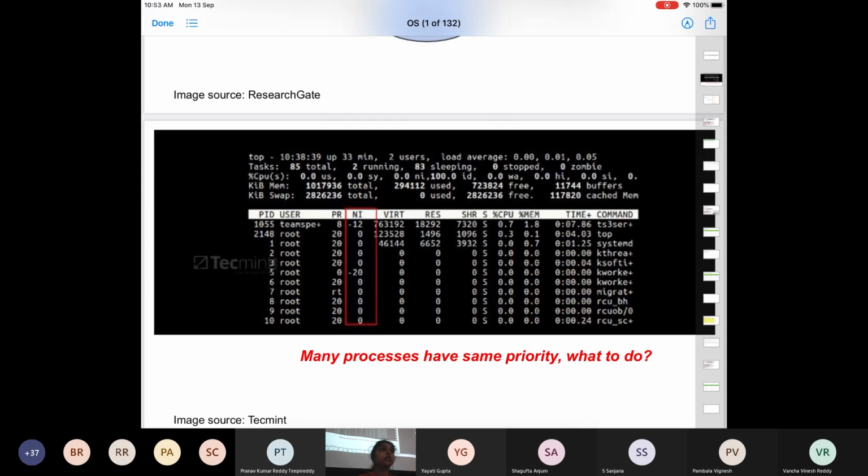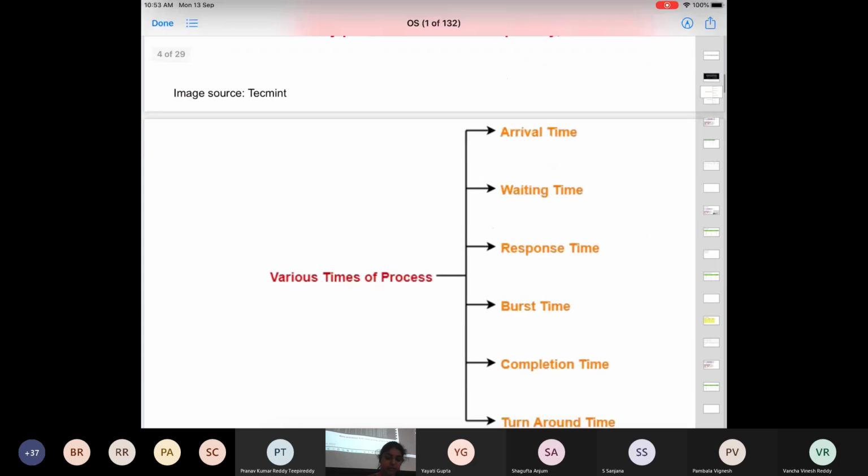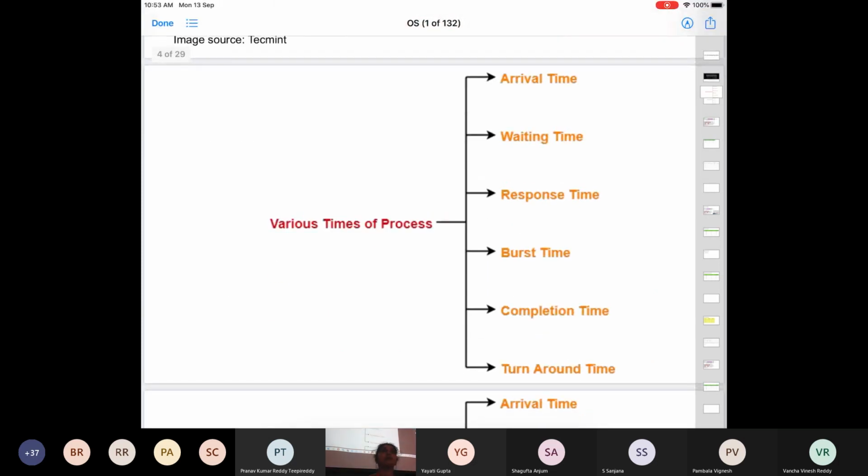The most efficient one. Okay, and how do I define which process is the most efficient? Maybe processing. Come again? We talk about a few parameters which we have to keep in mind while selecting a process.